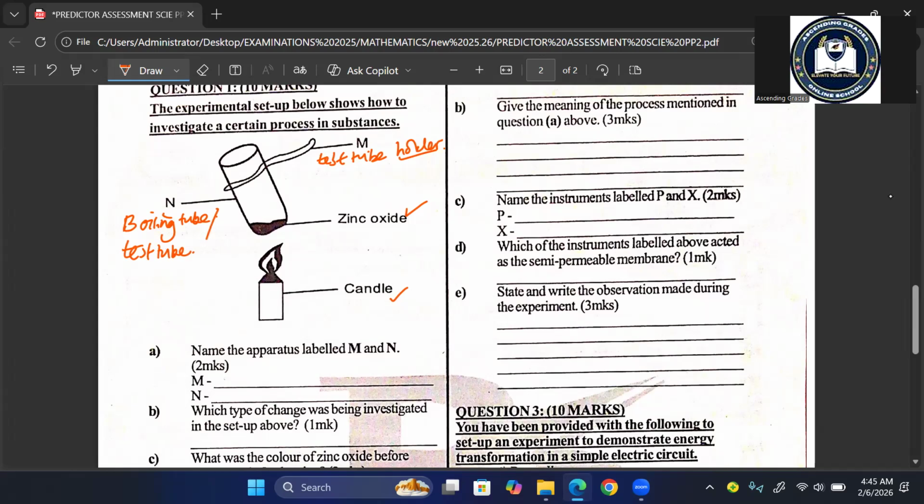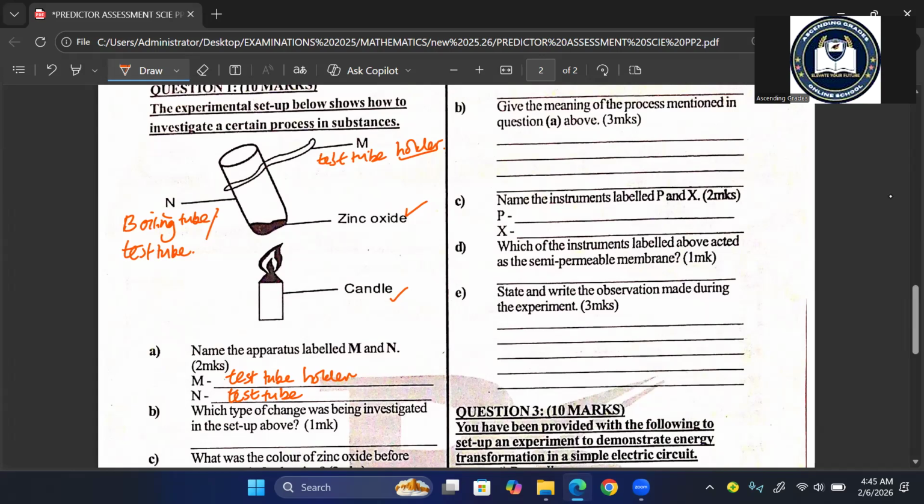So expect to have this M as test tube holder. Then this one will be the test tube or a boiling tube.